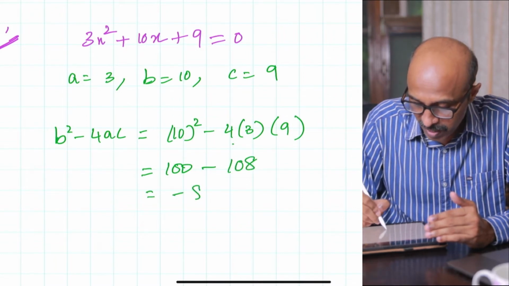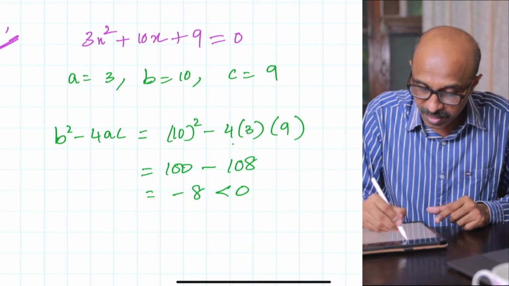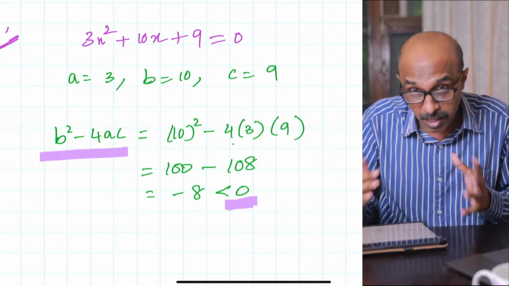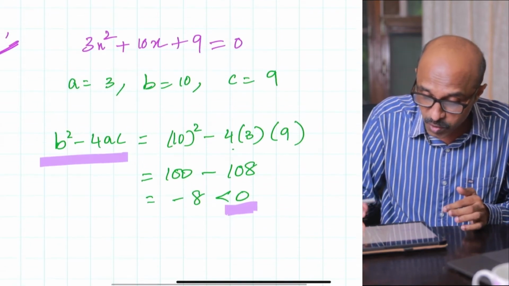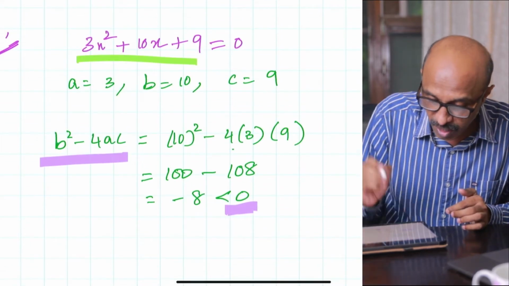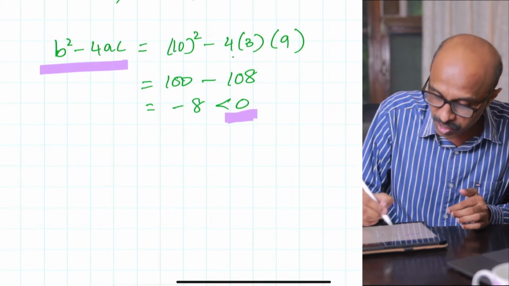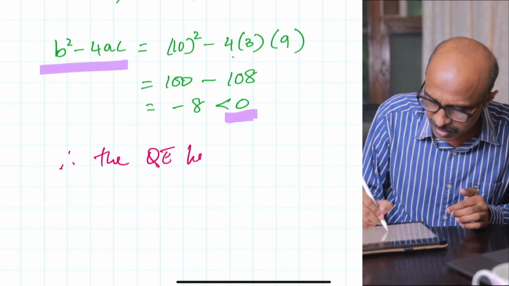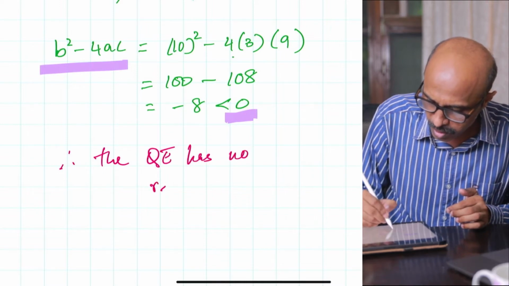That's a negative 8, giving us the fact that this discriminant b squared minus 4ac is negative. And our conclusion, if it's negative, is that this quadratic equation has no real roots. Okay, that will be our conclusion.